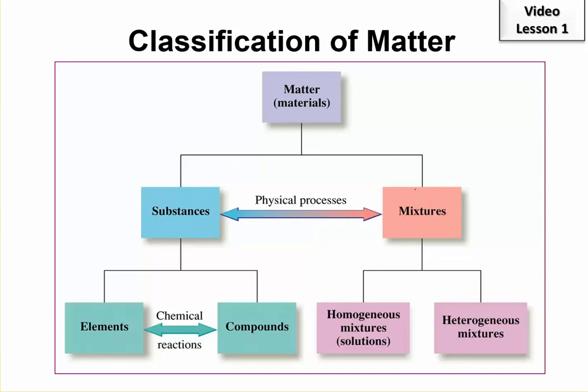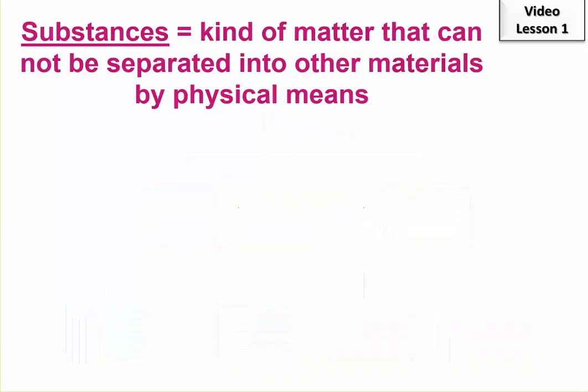Okay, and then the pure substances, which by the way, that's kind of redundant because to a chemist a substance is pure. But anyway, the pure substances are either elements or compounds. The mixtures can either be homogeneous or heterogeneous. We'll get into those. Let's look at these.